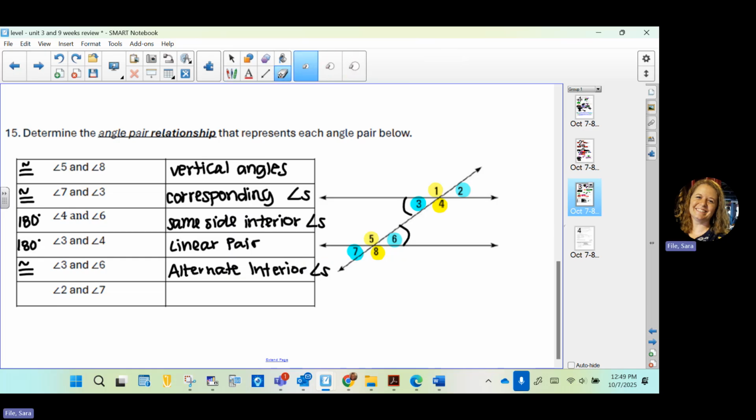And last but not least, take a look at 2 and 7. So 2 to 7, also both blue, so I know they're supposed to be congruent. They're on alternate sides of the transversal, but they're outside the parallel lines, so they're exterior. So alternate exterior.